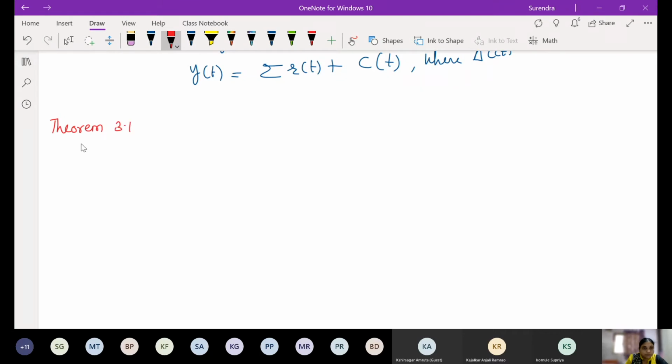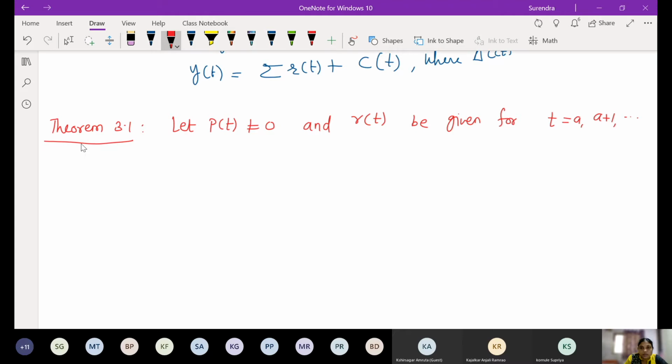Theorem 3.1. This theorem says: let p of t be non-zero and r of t be given for t equal to a plus 1, a plus 2, and so on, so it takes discrete values.